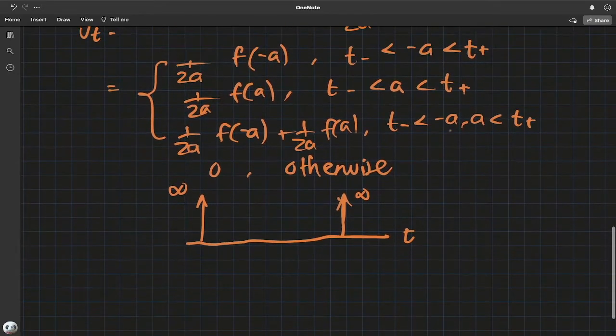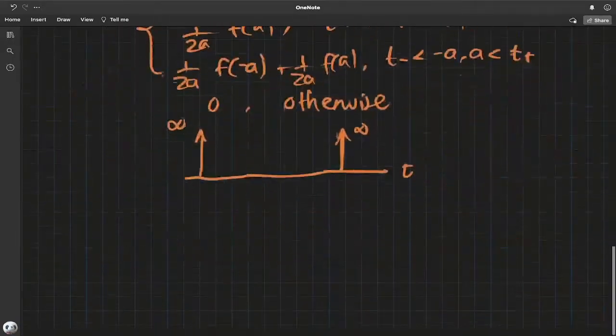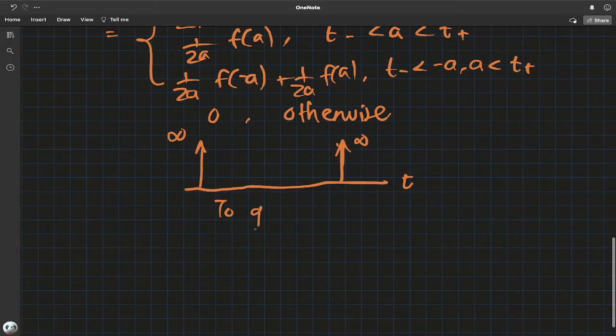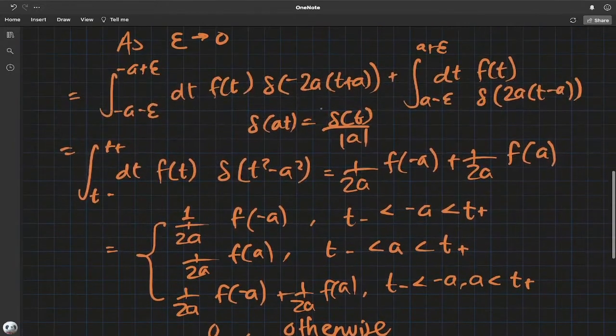If you want to generalize, just put an absolute value. So this was for a greater than 0. To generalize, put an absolute value, and the absolute value creeps in because of using this formula here.